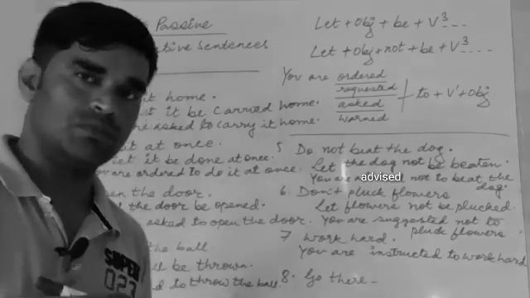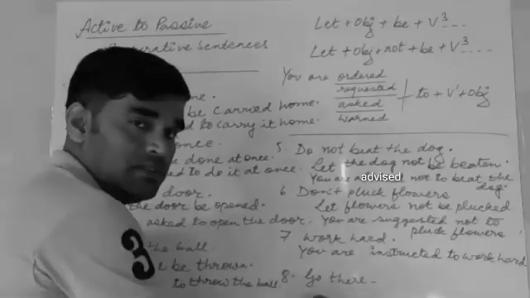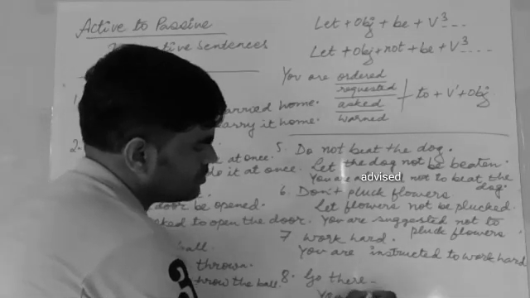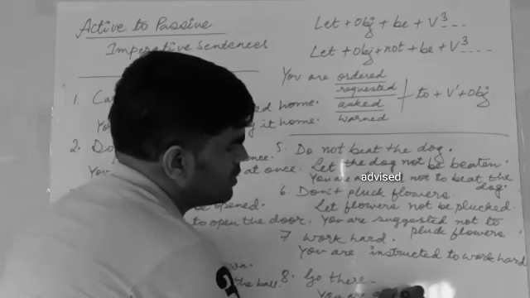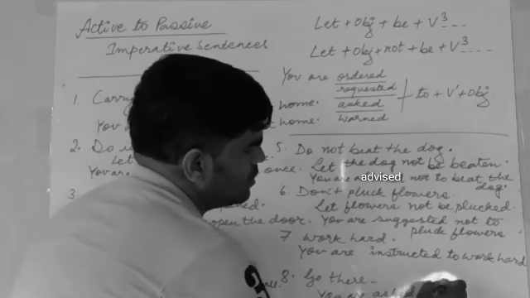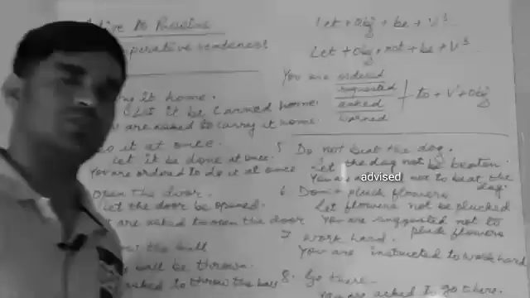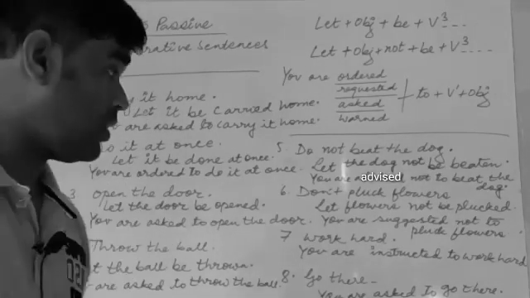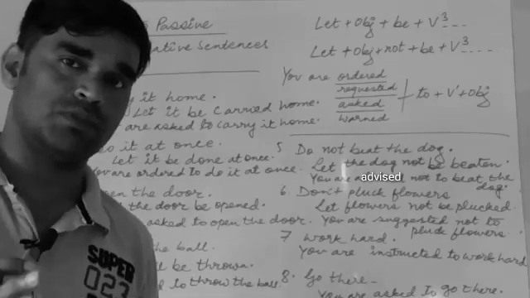Such sentences cannot be started with let. Go there. Again similarly we have to do, you are asked to go there. That's what we have to do. That's how we have to convert from active to passive.